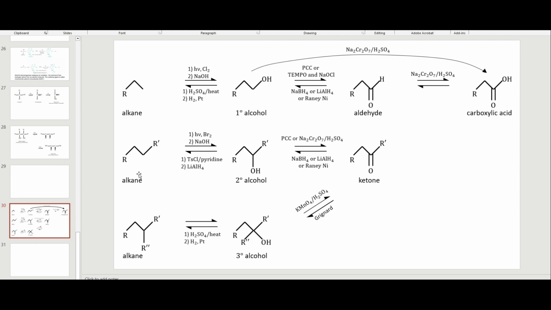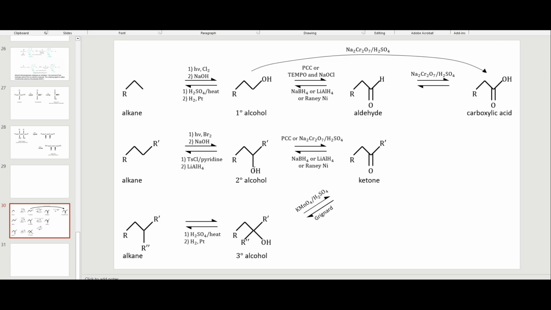And we could turn an alkane into a secondary alcohol here. So now we're doing radical bromination here because we want to get this on the secondary carbon rather than on a primary carbon. And so then we could just do another SN2 with our NaOH here. And if we wanted to reduce this, we could tosylate it, use lithium aluminum hydride to turn it back into an alkane.